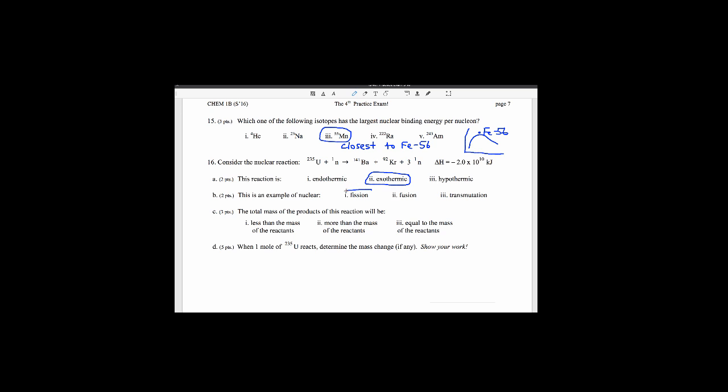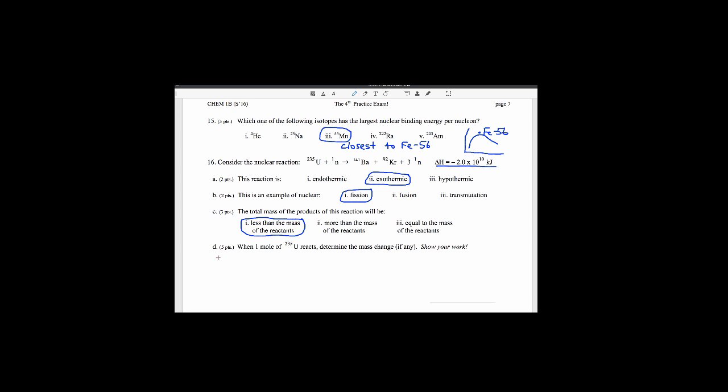And big nuclei breaking apart into smaller nuclei is nuclear fission. Whether it's nuclear fission or nuclear fusion, or for that matter building a nucleus, the mass of the product is going to be less than the mass of the reactants. The quote-unquote lost mass turns into energy of the process.